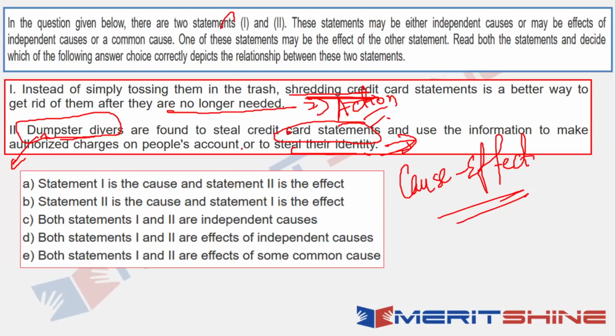So data can be stolen is said here, so that can be the cause, and making it secure by shredding credit card statements. If I shred credit card statements, they would not get my full statement, they would not get any detail, right? Shredding is to tear it into pieces and pieces.